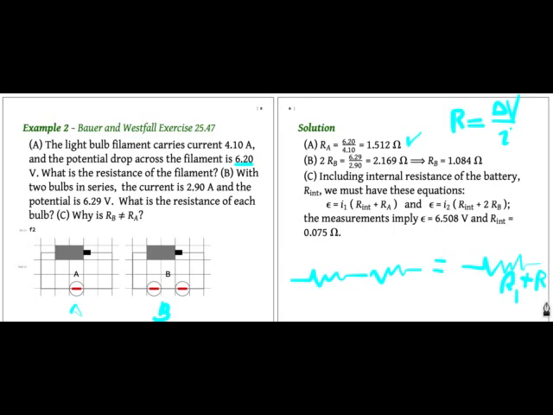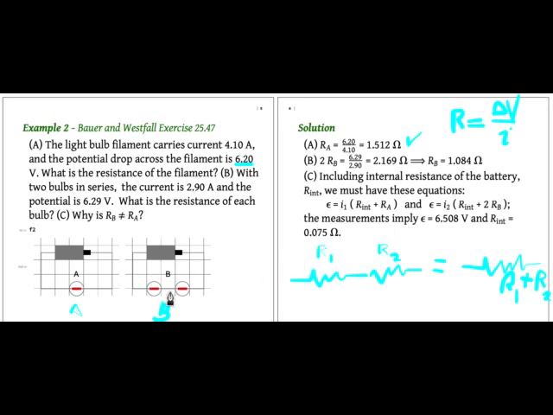So in your previous course on electricity and magnetism, you probably learned how to combine resistors in series. You just add the resistances. Resistors in parallel is different. There you add the reciprocals of the resistances.